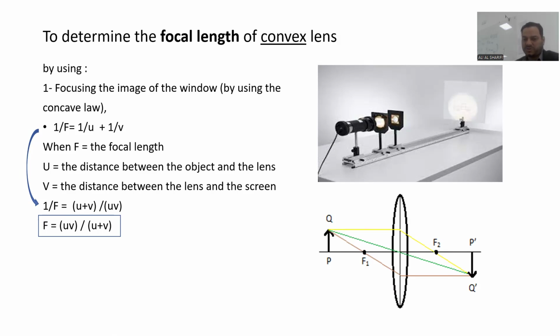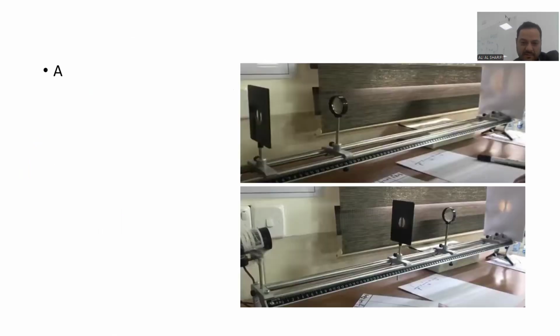And our duty today in this experiment, we will work on the same distance, but you can change the positions of this object by increasing or decreasing it, like what happens in a camera when the photographer makes some change to zoom, for example, to a specific object.